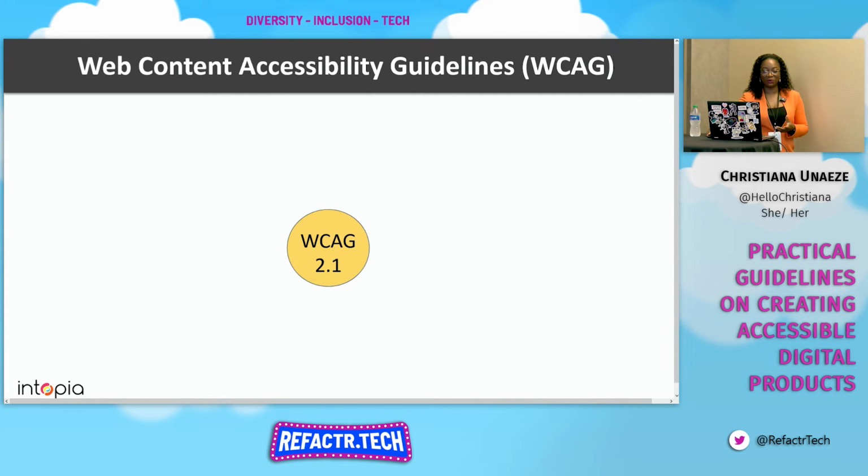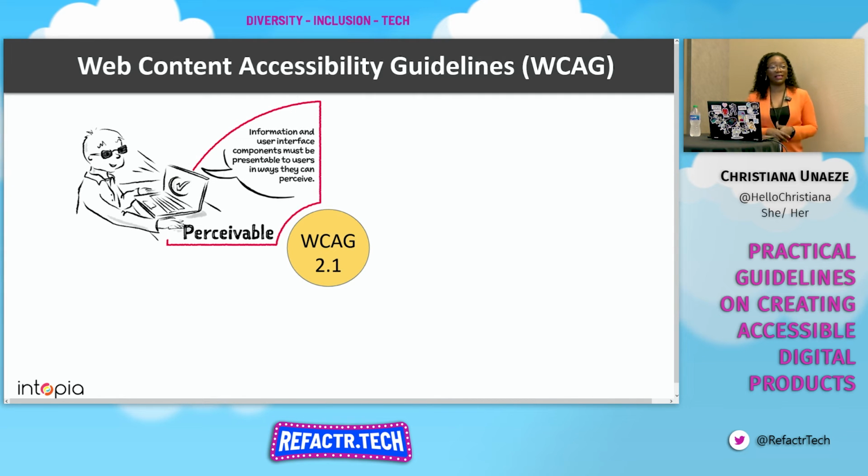So that is where the Web Content Accessibility Guidelines come in. They are basically a series of internationally recognized standards for improving web accessibility. It is primarily for web content developers, designers, or people who need a standard for web accessibility, including mobile accessibility as well. Now, these guidelines have four main principles, the first one of which is perceivable.